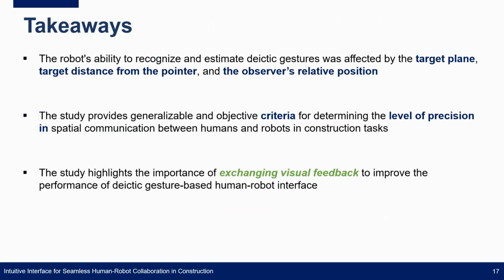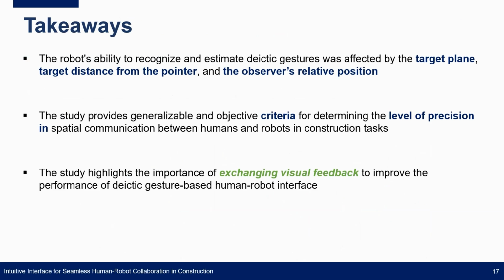So, to summarize the results of this experiment, we found that using the directed gesture in a large-scale environment like a construction environment may have some significant challenges for both humans and robots, but humans are more vulnerable because of the scale of the environment.